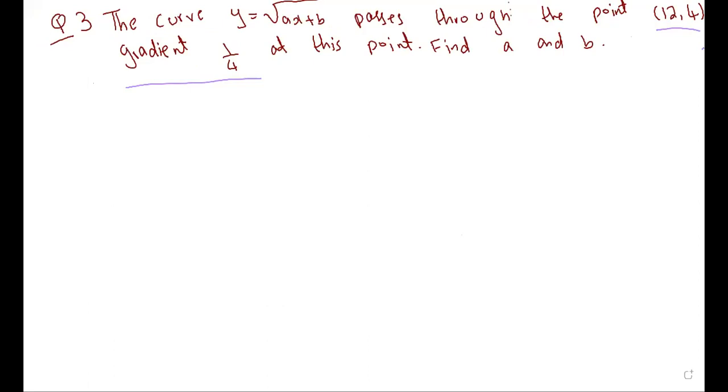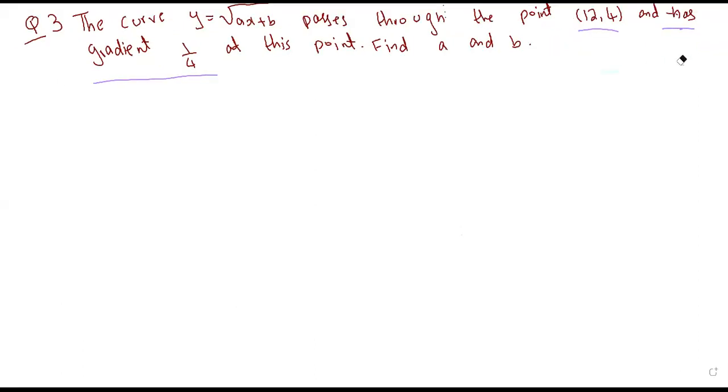All right. So what does this mean? This means that the gradient is 1/4. How do we find the gradient? For finding the gradient, we differentiate the curve and we plug in the x coordinate of that point.